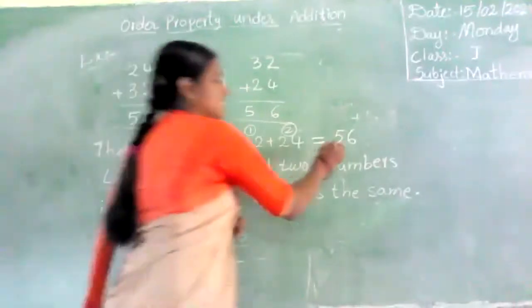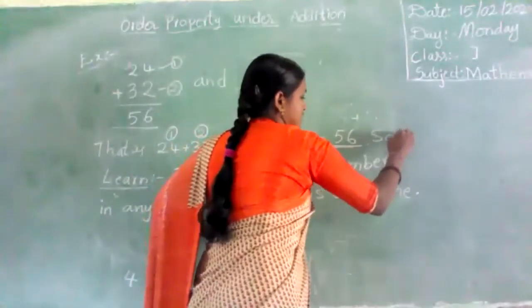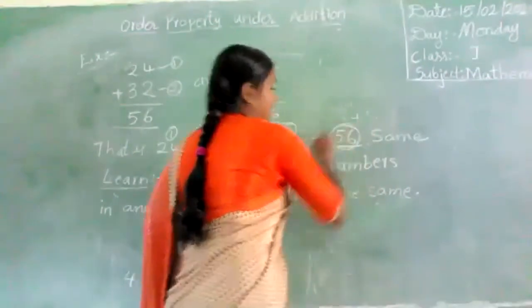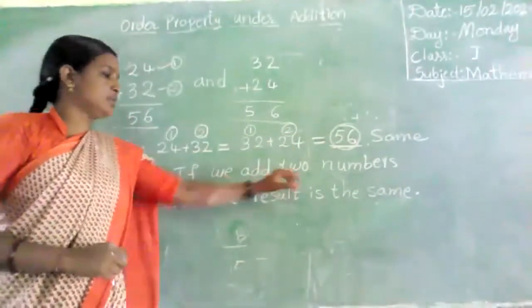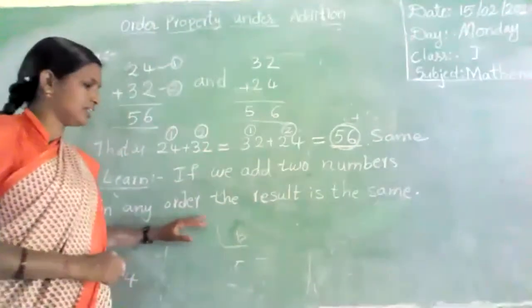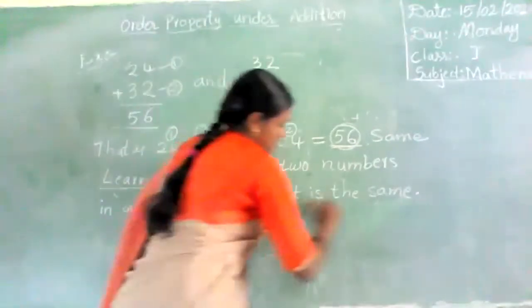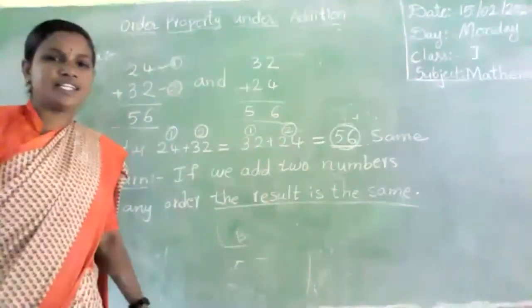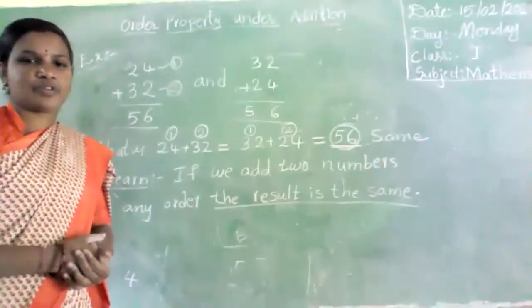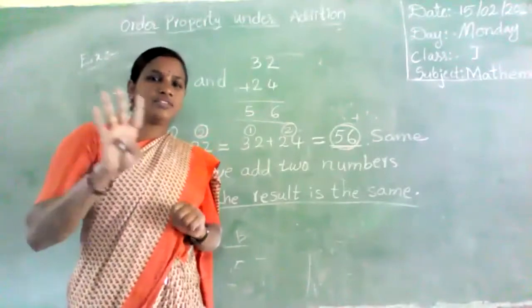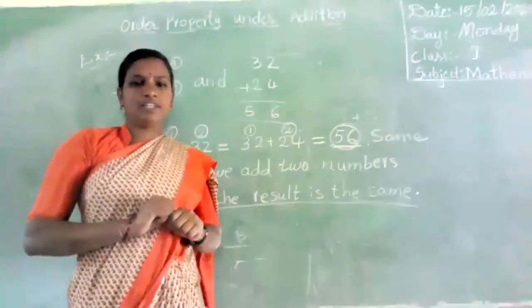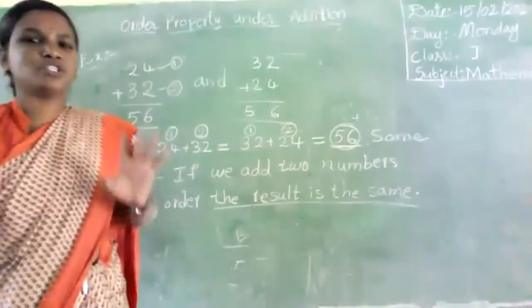But the final answer is the same. If we add two numbers in any order, the result is the same. Okay, children? 4 plus 5 is equal to 9 and 5 plus 4 is equal to 9. See, for example, show me your fingers.